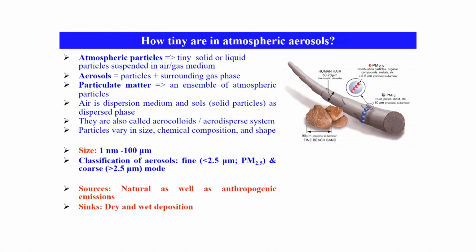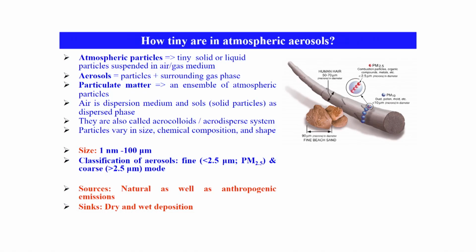And when we say particulate matter, an aerosol can be a very small unit of particulate matter. So this is very important, don't confuse these words. Aerosols and particulate matter are very different. Particulate matter is an ensemble of atmospheric particles.